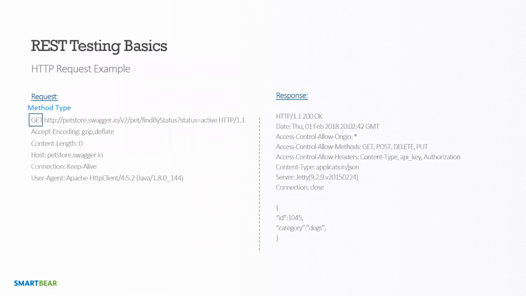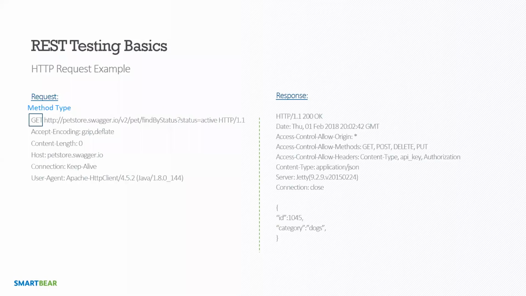And by the way, this request is a textual representation of the information that is passing on the network when you are hitting an API. When you are invoking an API, your browser or your application creates this kind of text and transmits it over your network. This is how the REST API works.